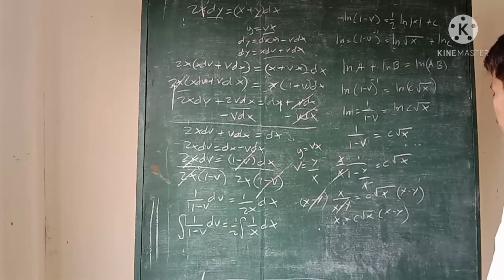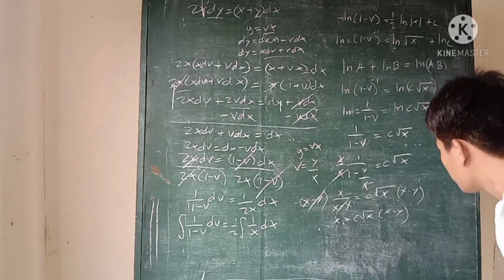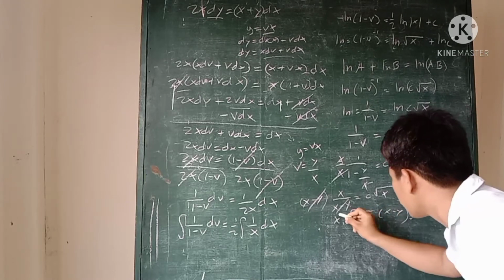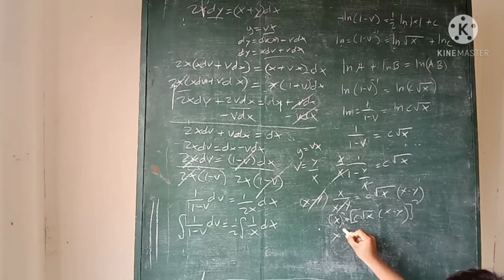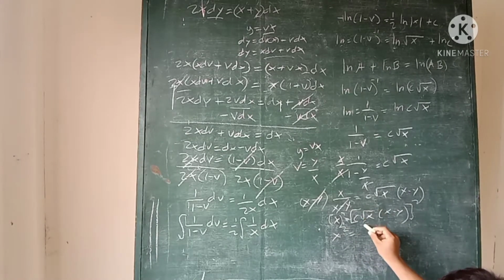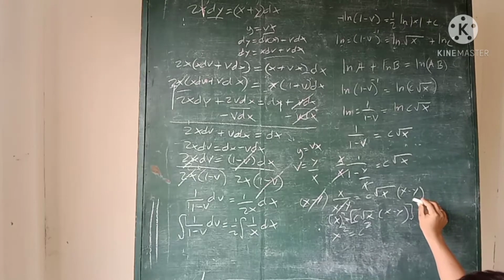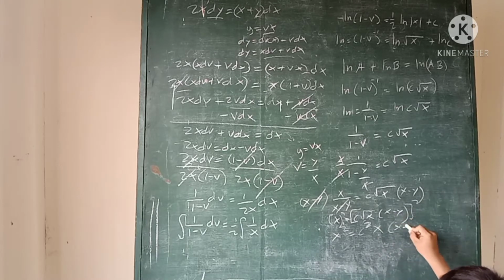Then square this one, since the x has a square root, so squaring both sides, the remaining is x squared equals c squared times x minus y raised to 2.